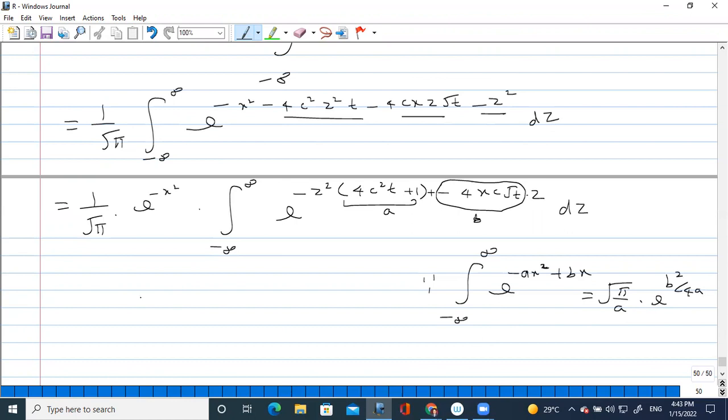So here a is equal to 1 plus 4c square t, and b is equal to minus 4xc root t. Okay, like this you can understand. So just keep it in the original position.